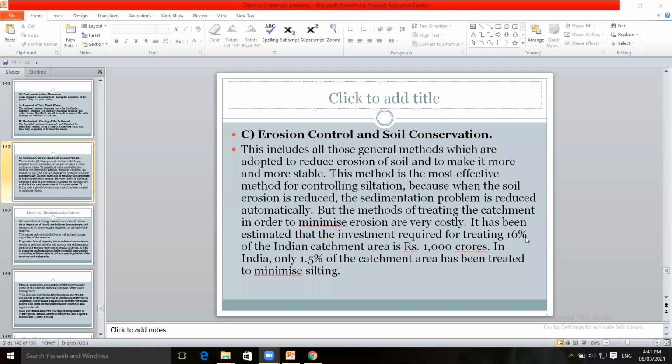So it has been estimated that the investment required to control the erosion, for 60% of the Indian catchment area, is up to rupees 1,000 crore.